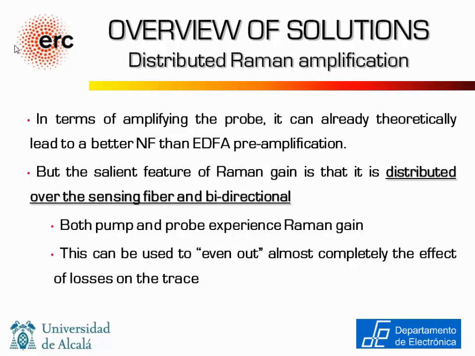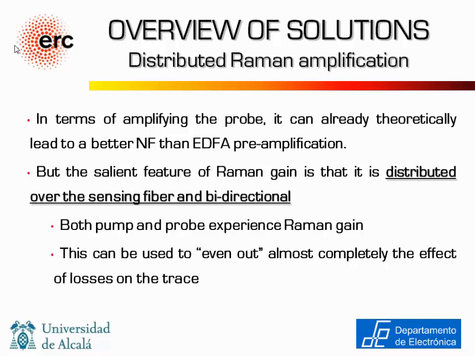And last is just using the sensing fiber as the amplifier itself. So you benefit from a stimulated scattering that arises in the fiber, and you use the sensing fiber as an amplifier itself.